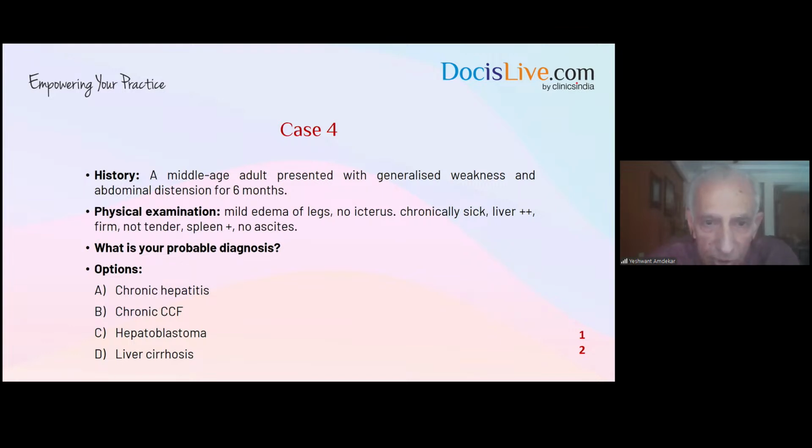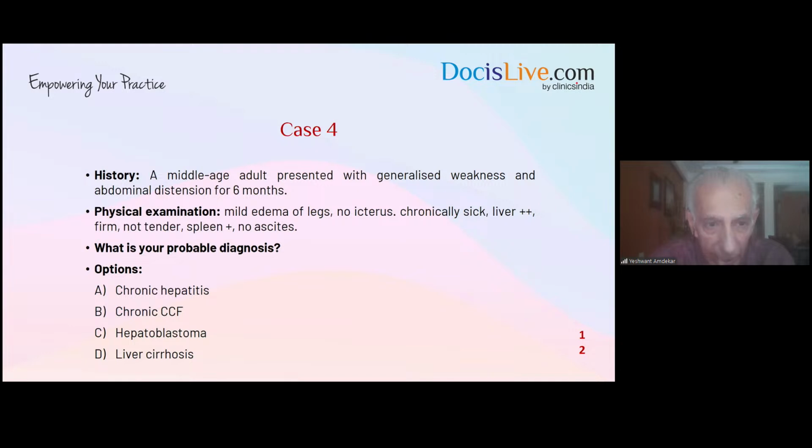What about chronic CCF? Make a note of this. The liver is mildly tender, so it could be CCF, but what are the typical symptoms of a CCF going on for last 6 months? There would be some respiratory problem, breathlessness, besides the general weakness.